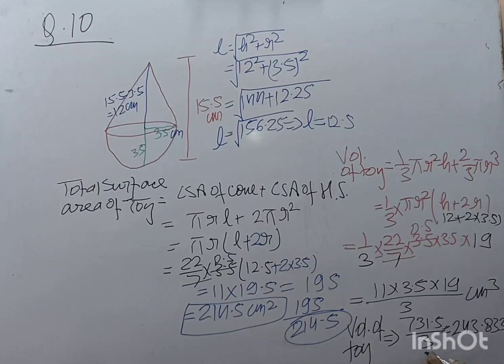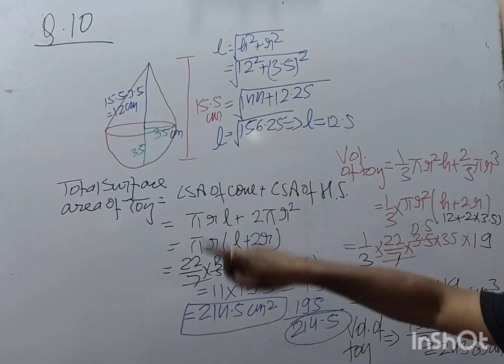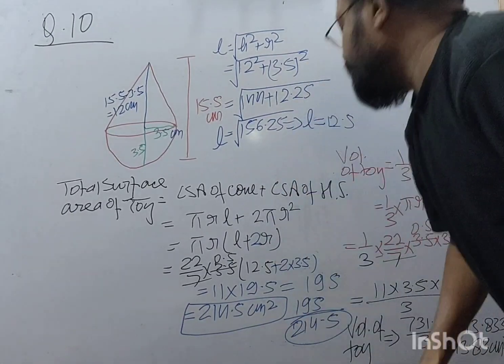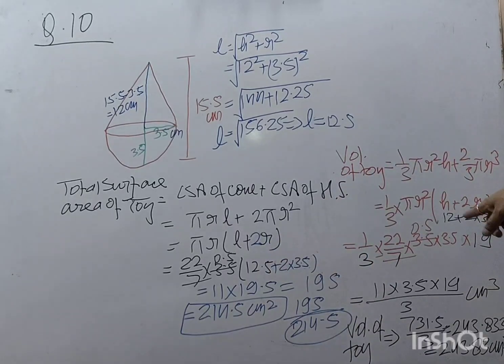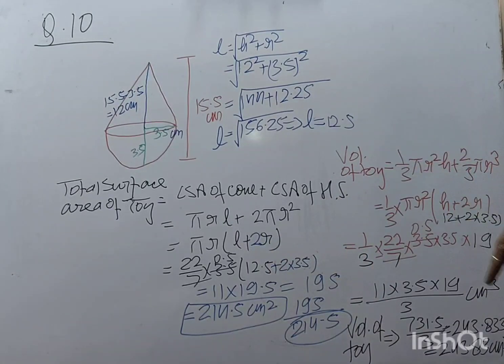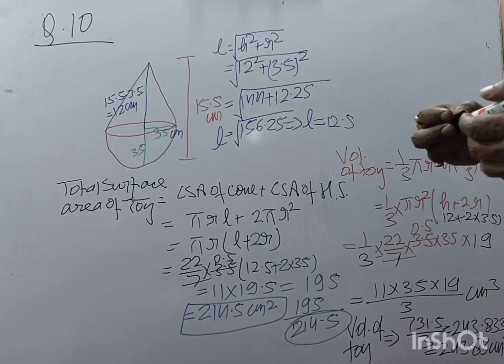So the volume of toy is 243.83 centimeter cube. Both times we made a mistake: here we should write 2, and here we should take h, not L.